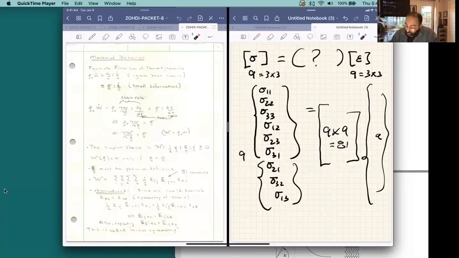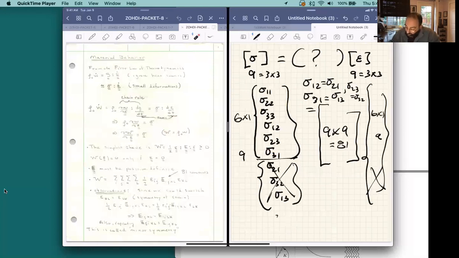It turns out that because the stress is symmetric, we have the case that sigma 12 is equal to sigma 21, sigma 31 is equal to sigma 13, and sigma 23 is equal to sigma 32. We don't need these last little pieces here. So in fact, this becomes a 6 by 1 vector, and this becomes a 6 by 1 vector.